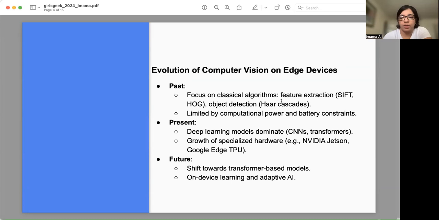At this point, people are using a lot of these devices on the edge for computing. For the future, the shift is towards transformer-based models, so building hardware which can accelerate transformer-based models. On-device, not just inference but on-device learning, is also becoming important.